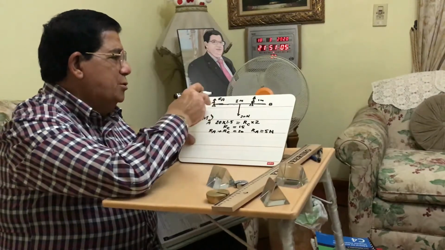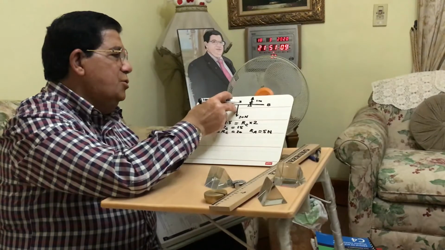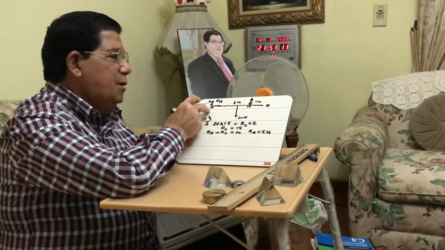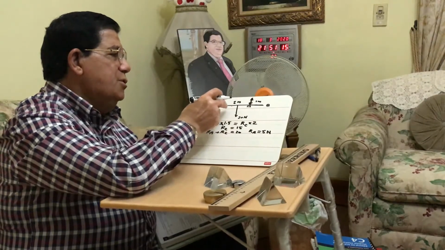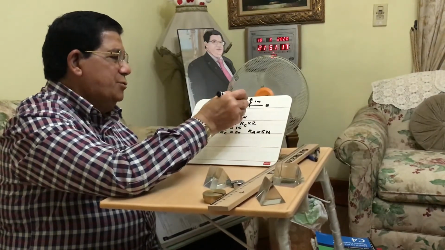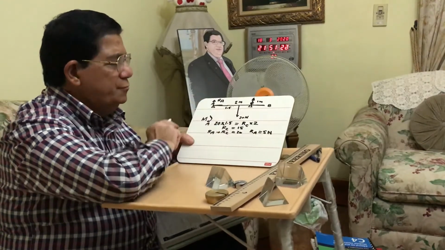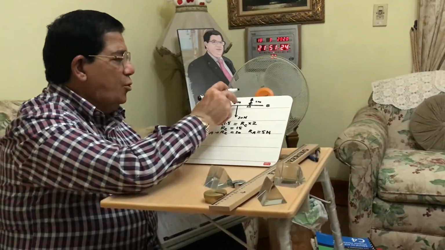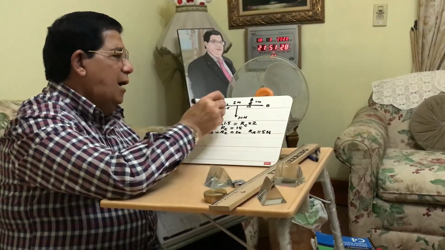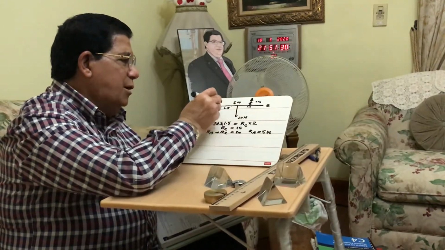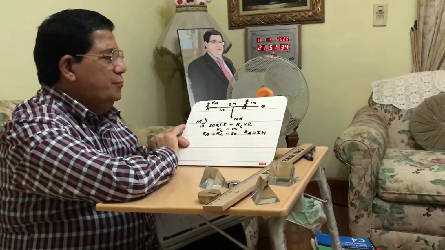We took moments about A, 20 times that distance, 1.5. Why? Because the beam is uniform, the distance is half the 3 meters, so that distance is 1.5 meters. This is a clockwise moment, and because the weight is vertical, the perpendicular distance is horizontal.